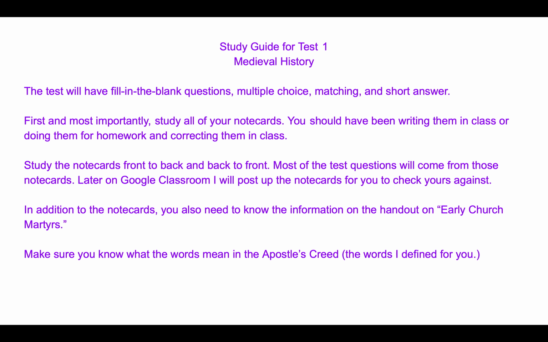You need to know, specifically on this one, the information that's in the blanks. So you should understand the questions essentially as they're written. Make sure you also know what the words mean of the Apostles' Creed, particularly the words I defined for you. That's just a few things, but it's good for you to know those.